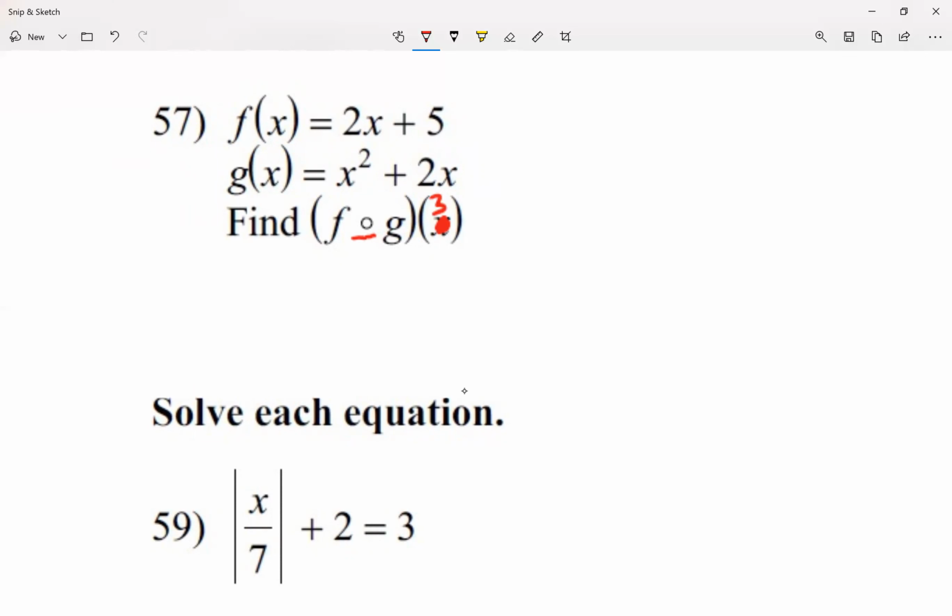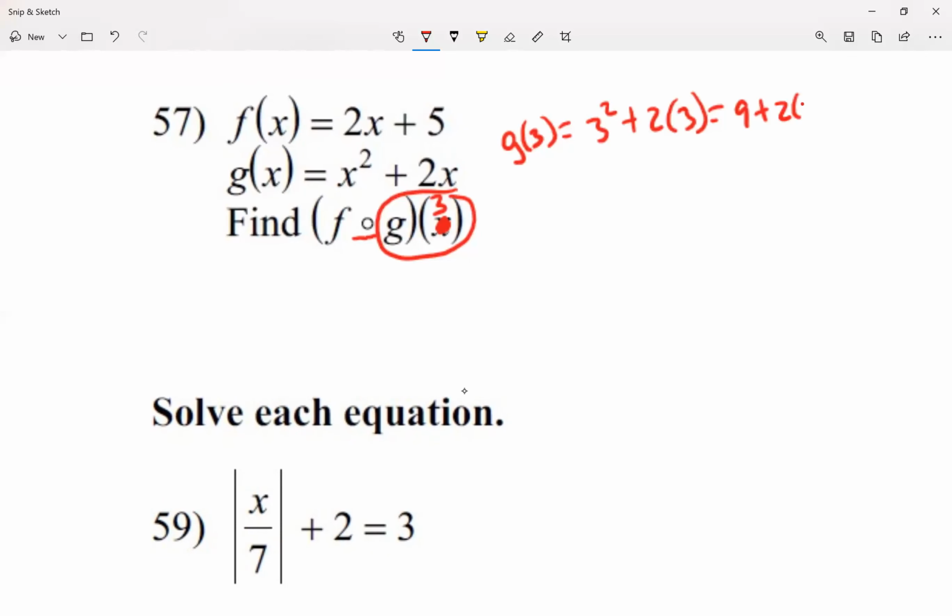So I'm going to solve for f of g of 3. On your homework, I'm not going to keep it as a variable. I'm going to have it as a number. So let me work this out first. What's g of 3? So g of 3 is 3 squared plus 2 times 3, or 9 plus 2 times 3, or 9 plus 6, better known as 15.